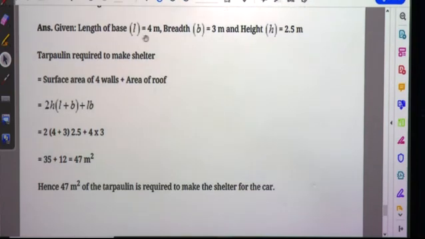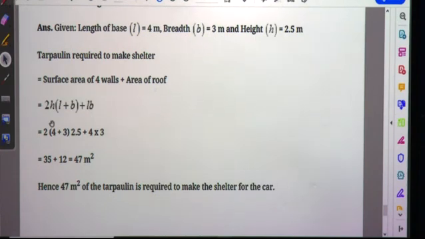Length of the base L is equal to 4 meter, breadth is equal to 3 meter and height is equal to 2.5 meter. Tarpaulin required to make the shelter is the surface area of 4 walls plus area of roof. Here the base is not there. So again it is 2h(L plus B) plus LB. This formula we have seen before in the previous sums.